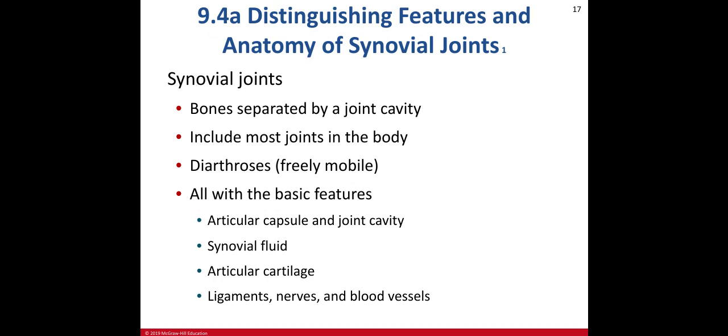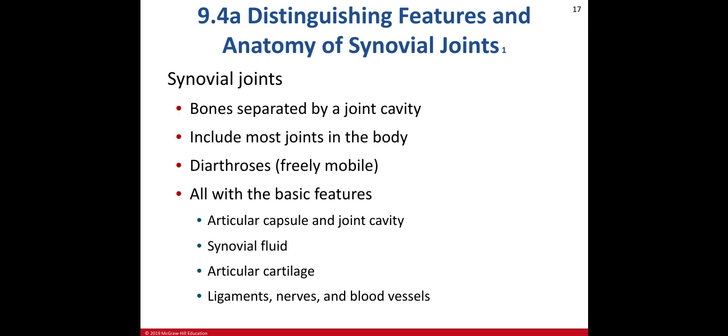Okay, synovial joints. Like the little video said, this does really encompass most of the joints you think of in the human body. And this is where bones are separated by a joint cavity. And these are going to be the diarthrosis joints, freely movable.